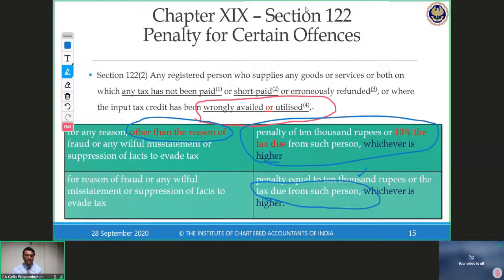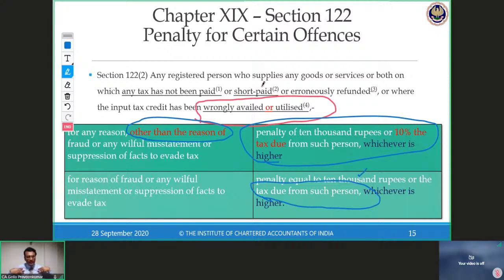Let me see if there are any questions till now. There is a question from Sridhar. Sridhar, I hope I have answered your question with respect to fraud, willful misstatement. Sridhar's question: how do we establish that the intention of fraud, error, misrepresentation does not exist? Friends, I would say it is only on the basis of documentary evidence.